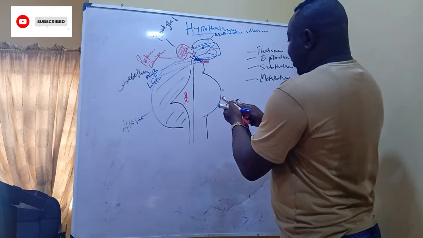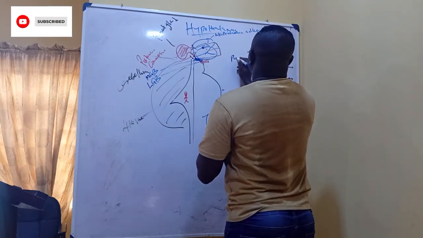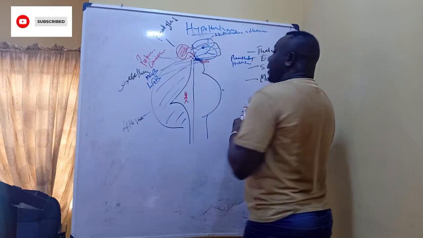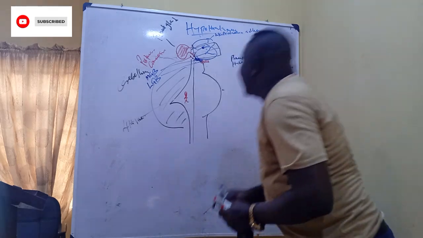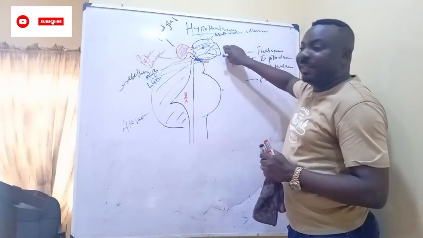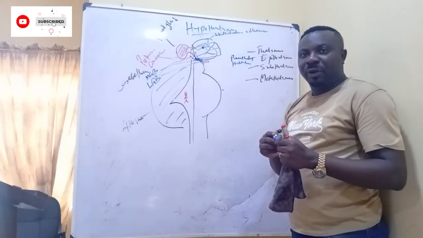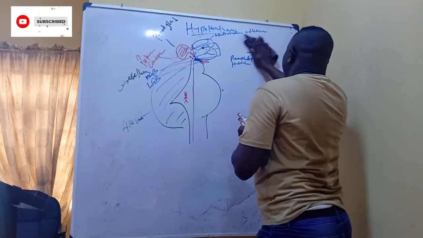The epithalamus consists of the pineal body and the habenula. There is one structure that I've not drawn here. What is that structure? The hypothalamus.